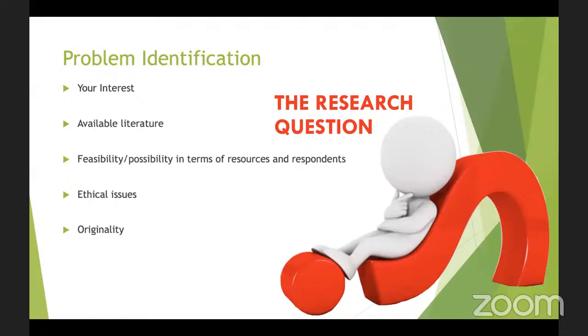Then before identifying a problem, you should also check whether there is some literature available on it, primary data, secondary data, whether these things are available. Then the next thing that you have to keep in mind while identifying a problem is feasibility or possibility in terms of resources and respondents. So if it is a scientific problem, then you have to look for resources.